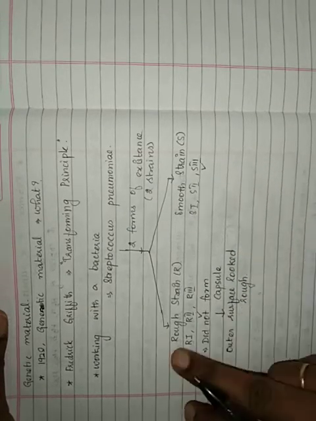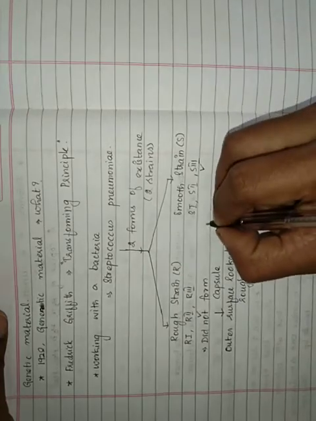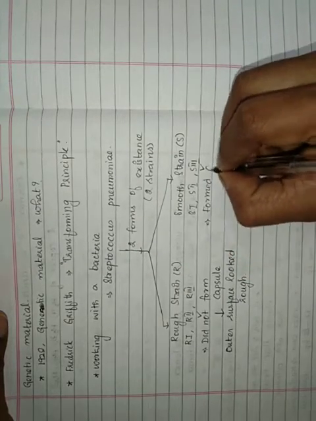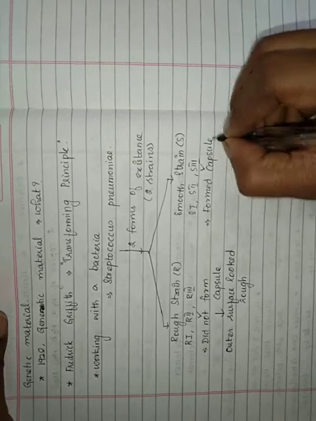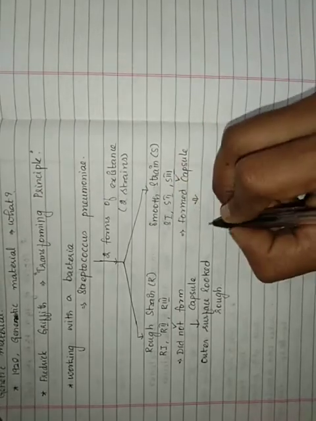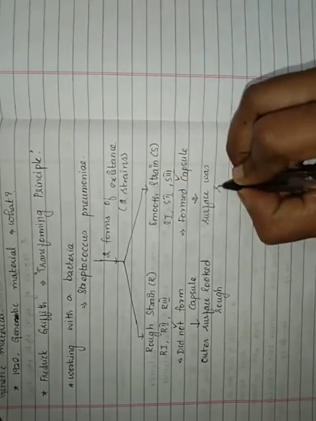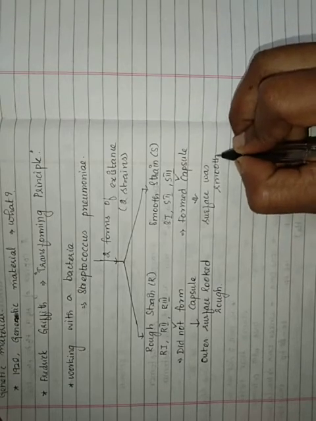So that is why it was named the rough strain, whereas smooth strains formed a capsule. The capsule, mainly made of mucopolysaccharides, made the surface look smooth. So that is why it was named the smooth strain.